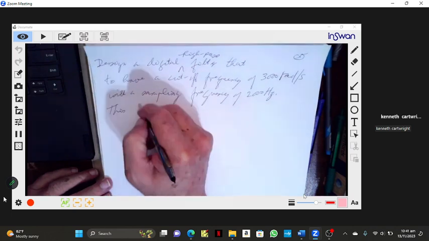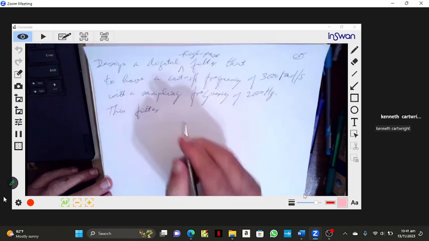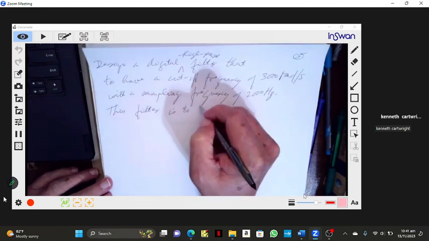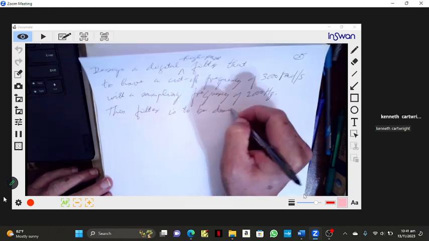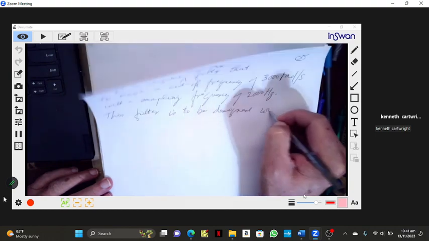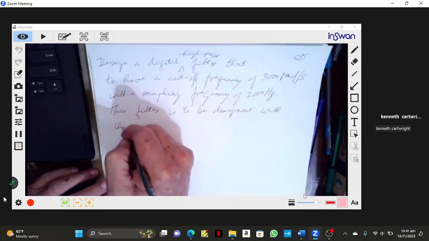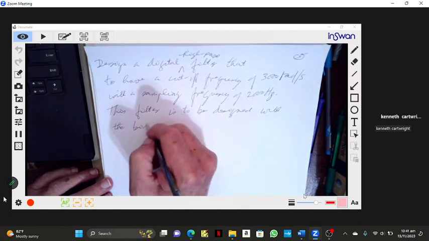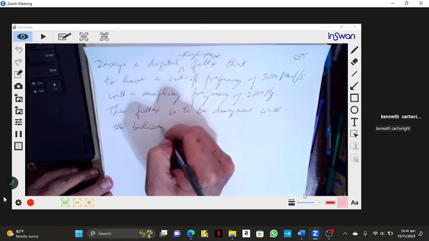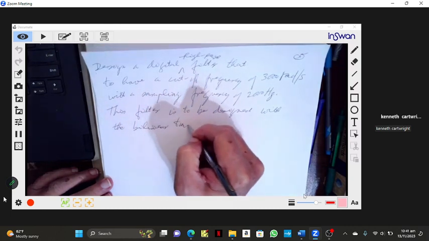The filter is to be designed with bilinear transform.